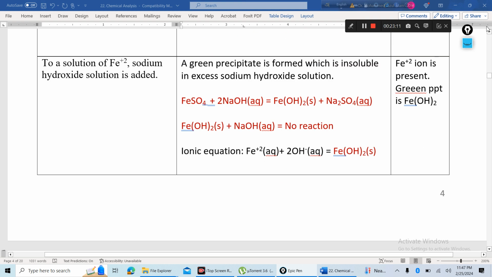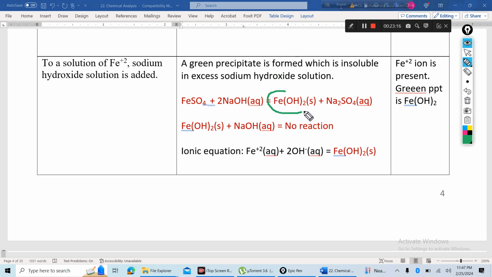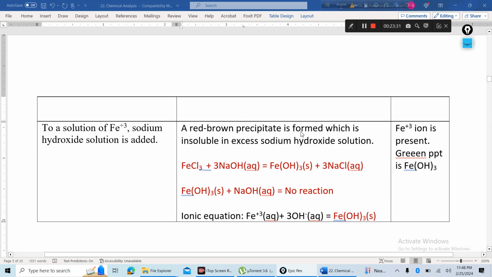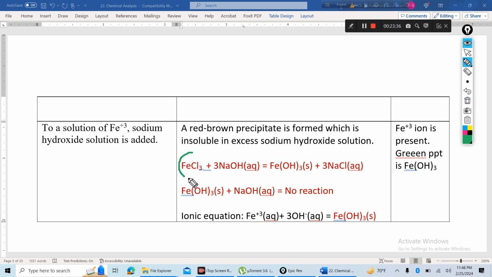And iron 2 ion produces iron 2 hydroxide green precipitate. This green precipitate does not dissolve in excess sodium hydroxide; the green precipitate is insoluble. Iron 3 ion reacts with sodium hydroxide to produce iron 3 hydroxide, Fe(OH)3.